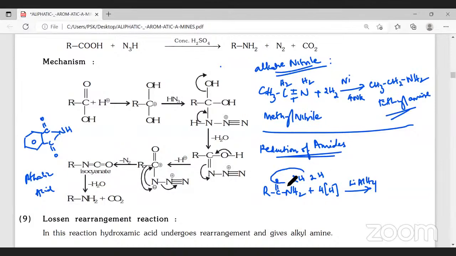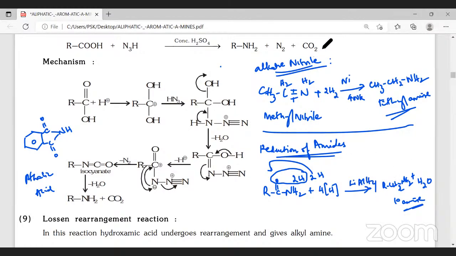So this 2 hydrogen and oxygen gets eliminated as water. In place of oxygen, you get 2 hydrogen. Therefore, you get RCH2 NH2. This is also an example of a primary amine. So amides on reduction with lithium aluminum hydride give a primary amine.